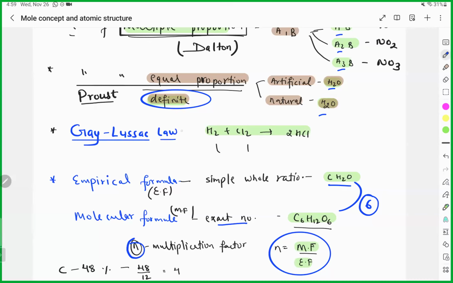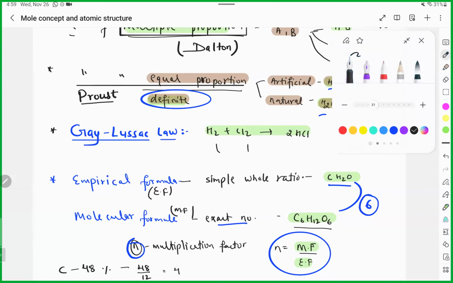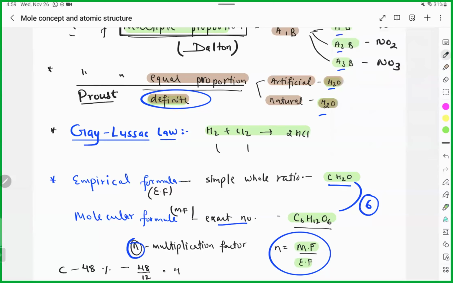Who else will tell? Chandana, what is the Gay-Lussac law? Pressure is directly proportional to temperature.